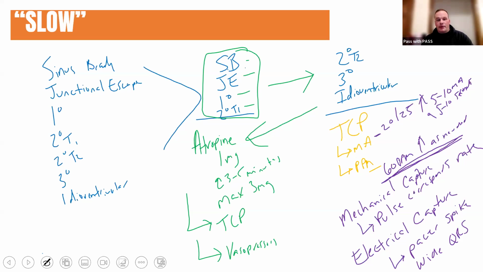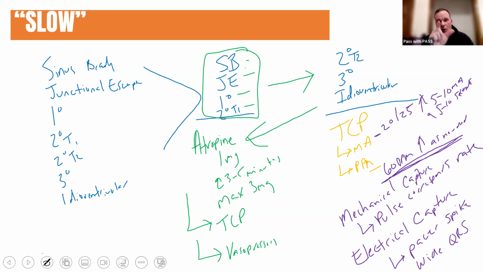Okay. So mechanical capture is the patient has a pulse, and I can palpate that pulse for how many paces per minute I am delivering. Electrical capture is I have a pacer spike on the EKG that I'm looking at on the monitor, and immediately after that pacer spike, I have a wide complex QRS.